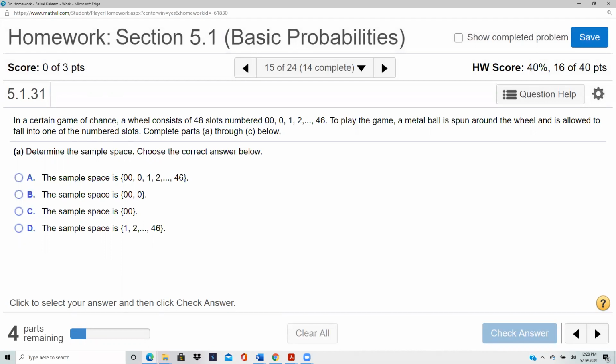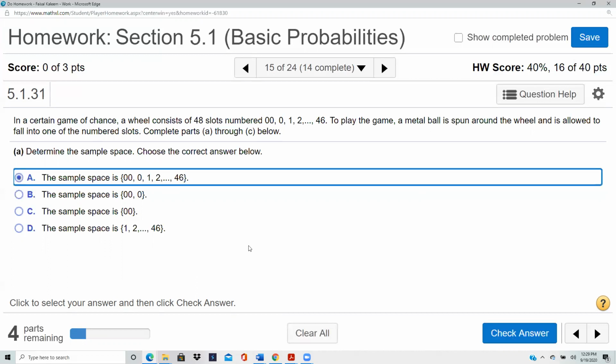Okay, in a certain game of chance, a wheel consists of 48 slots numbered 0, 00, 000, and then 1 through 46. So now 1 through 46 is 46, and then you have 2 additional, the 0, 00, and the 000. So actually 48 total slots we have here. So first of all, the sample space is the set of all possible points.